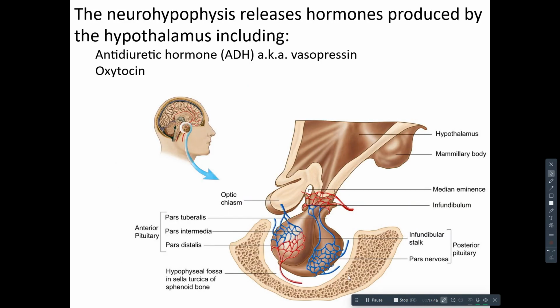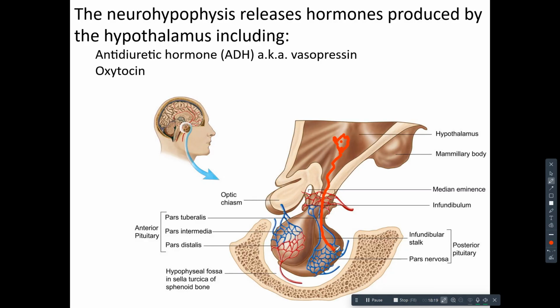Now, meanwhile, my neurohypophysis actually doesn't make hormones on its own. My neurohypophysis is going to get hormones from my hypothalamus. So there are going to be neurons in the hypothalamus that are making hormones, and those hormones travel down axons into the posterior pituitary. So neurons up in the hypothalamus have axons running through the infundibulum and then ending in the posterior pituitary.